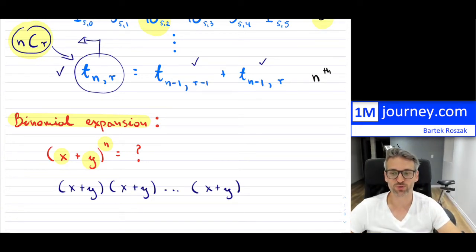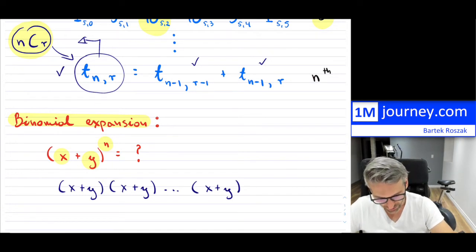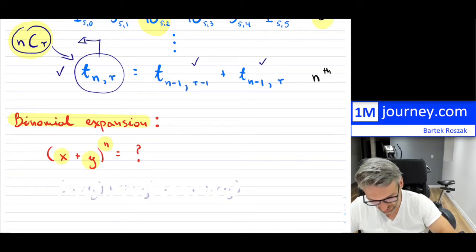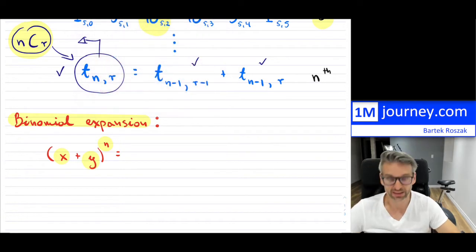So I just want to show you how you can break this down. Instead of doing all of this by brute force, it is really convenient to use Pascal's triangle and the combinations side by side.